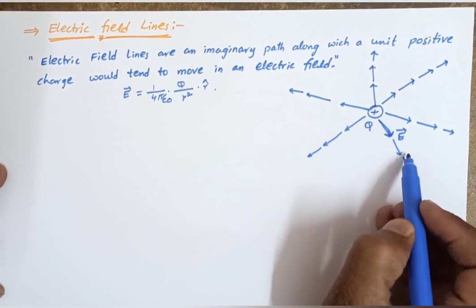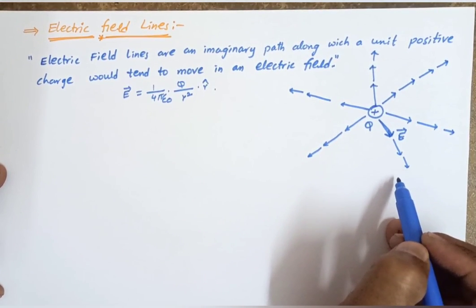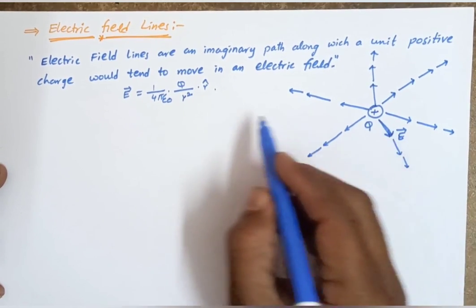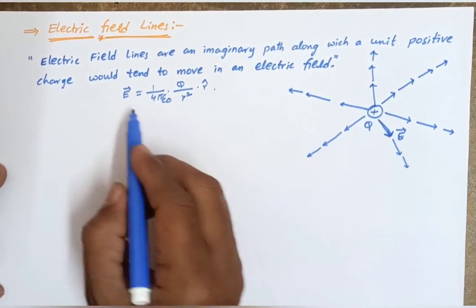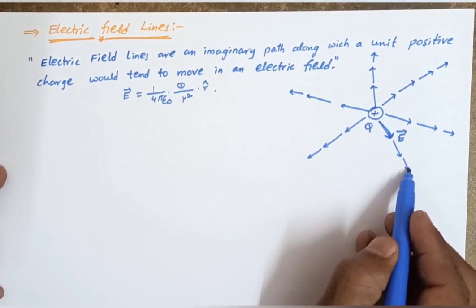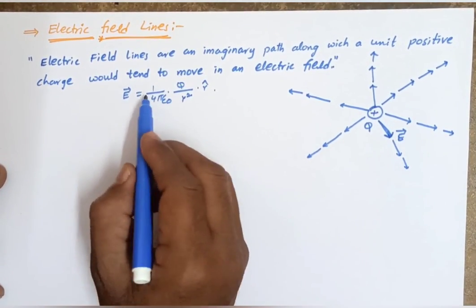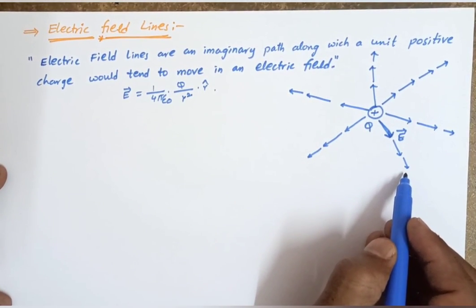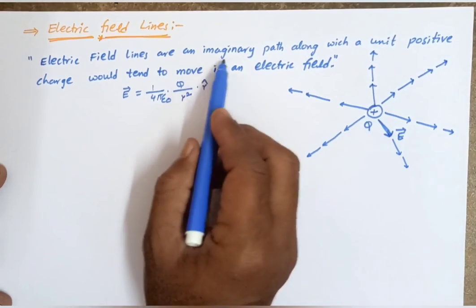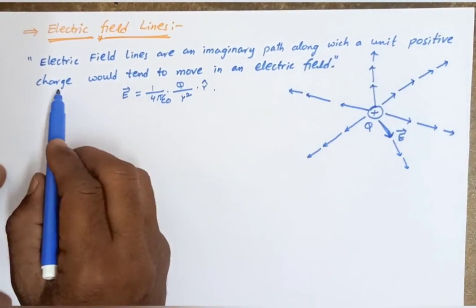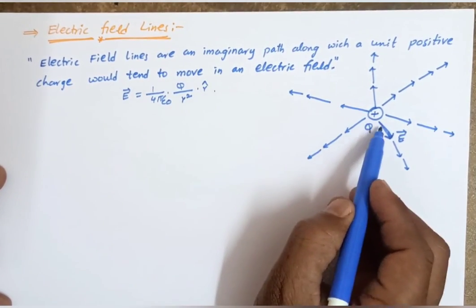When the distance from the charge is less, the field strength is large. As the distance increases, the electric field strength decreases.